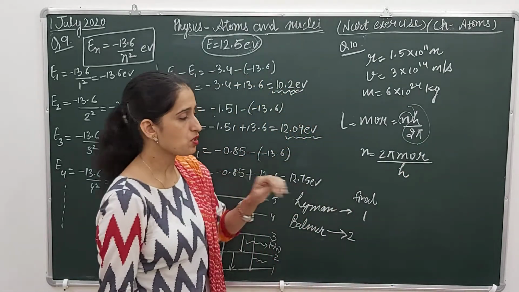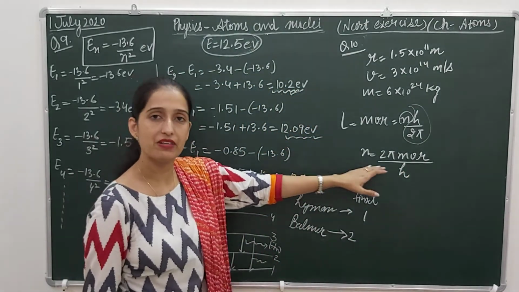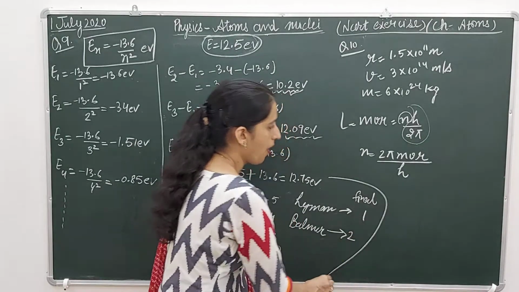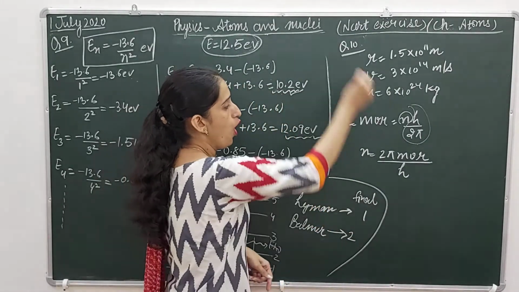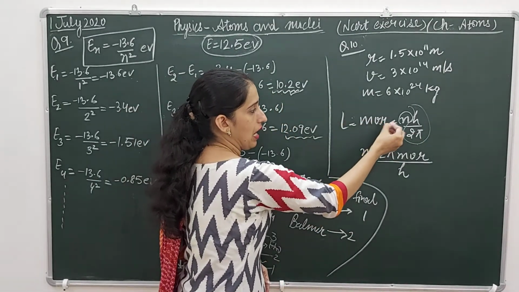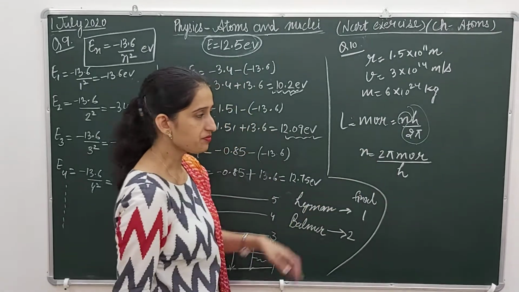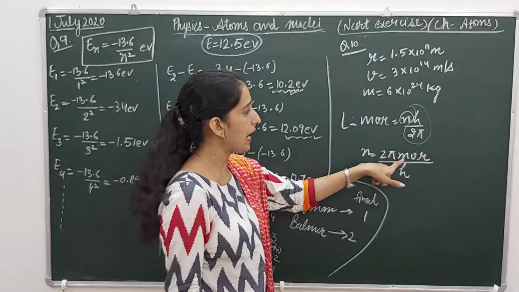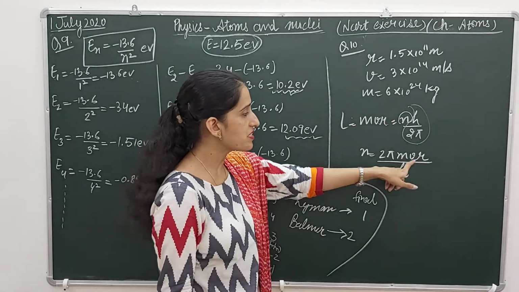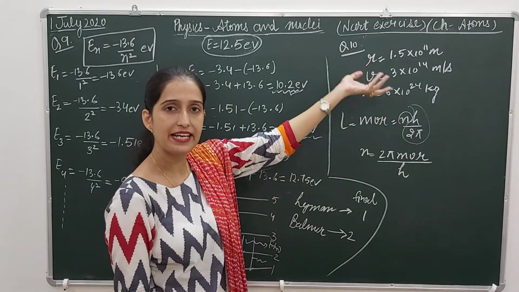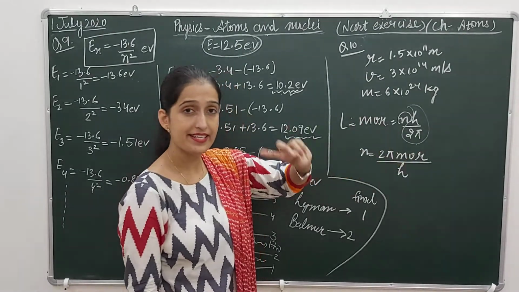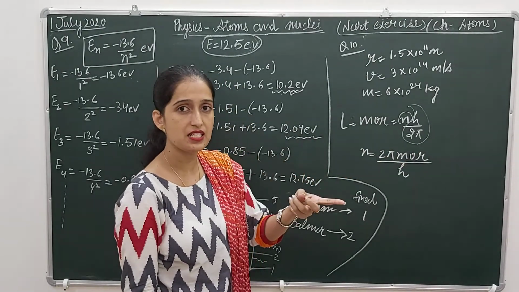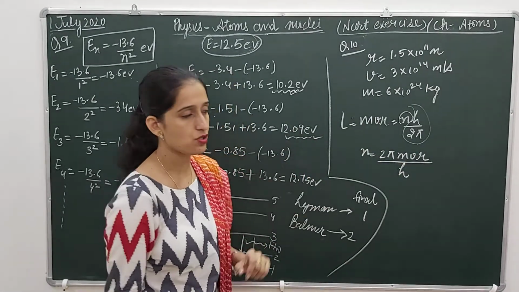So the principal quantum number is n is equal to 2 pi mvr upon h. We have all the values. 2 is constant, pi is constant, m is the mass of Earth, v is the velocity of Earth revolving in an orbit, r is the radius of that orbit in which Earth is revolving, and h is Planck's constant.